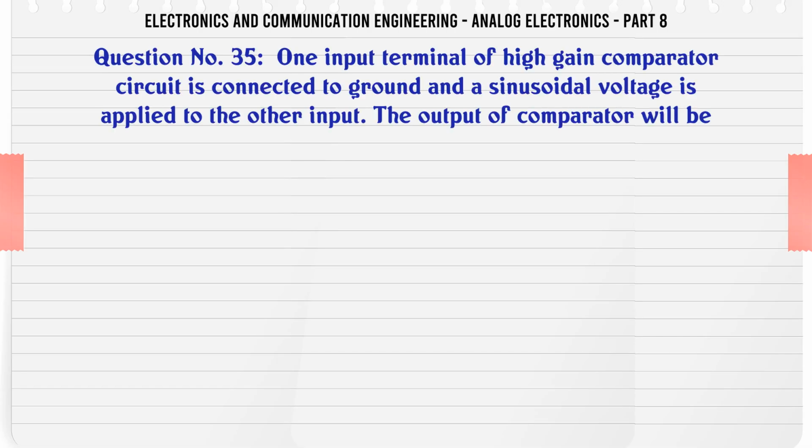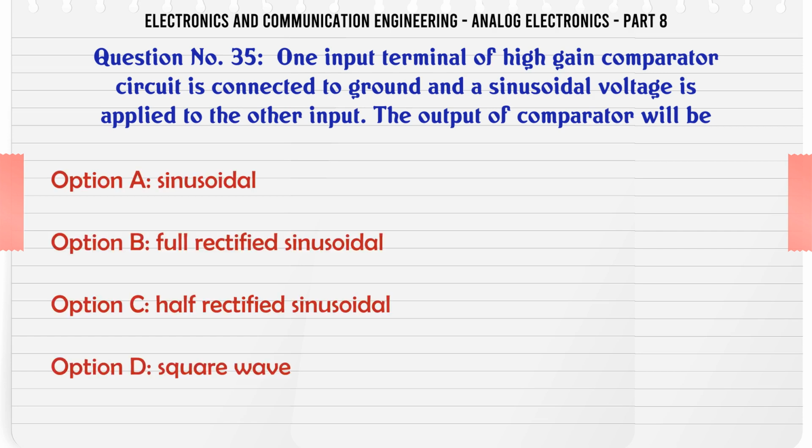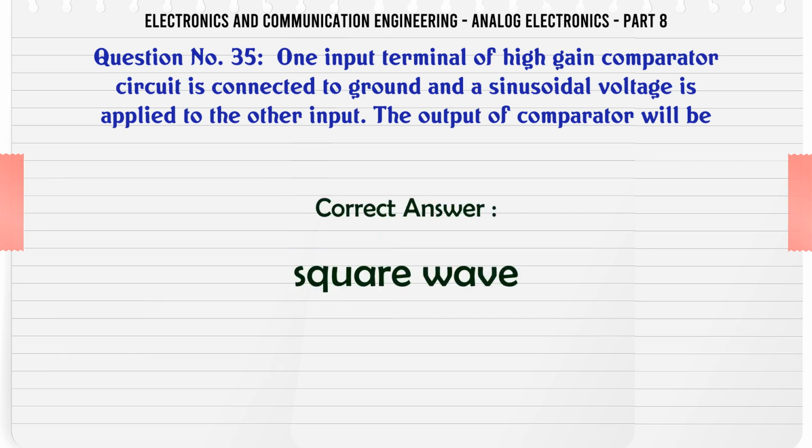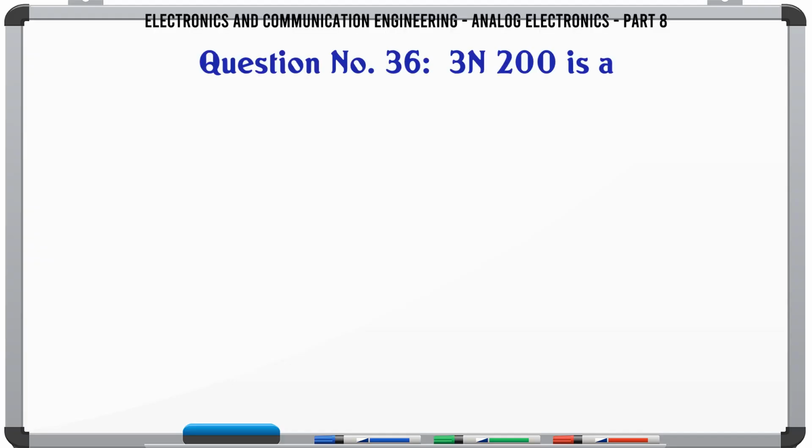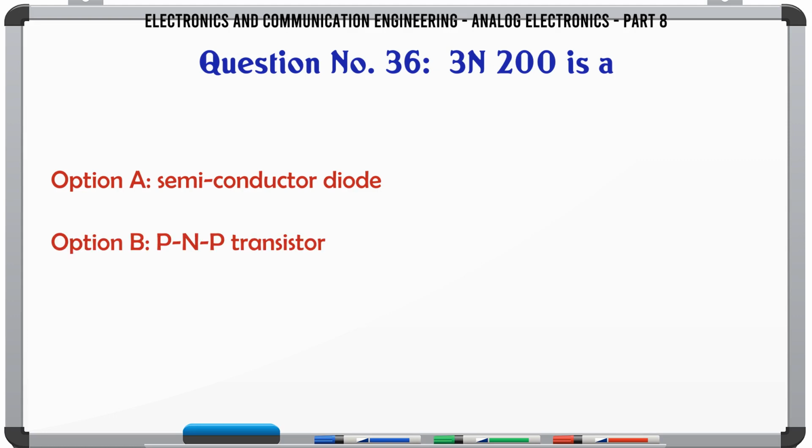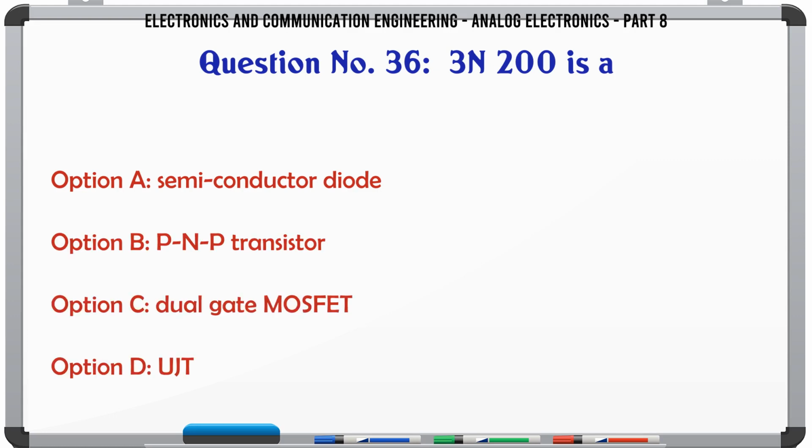One input terminal of a high-gain comparator circuit is connected to ground and a sinusoidal voltage is applied to the other input. The output of the comparator will be A. Sinusoidal, B. Full rectified sinusoidal, C. Half rectified sinusoidal, D. Square wave. The correct answer is square wave. 3N200 is A. Semiconductor diode, B. PNP transistor, C. Dual gate MOSFET, D. UJT.